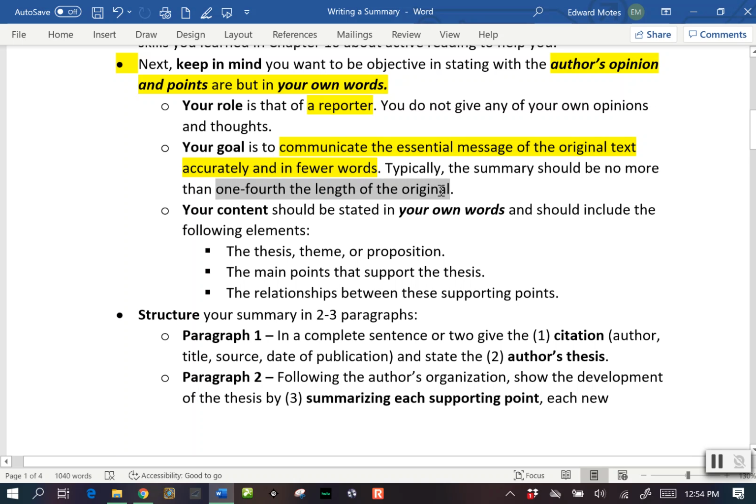So with this first article, How to Mark a Book, it was 4 or 5 pages, so it's going to be a lot shorter than that. Remember, your content needs to be in your own words. There'll be a thesis, a theme, or a proposition, main points, and then how those main points connect.